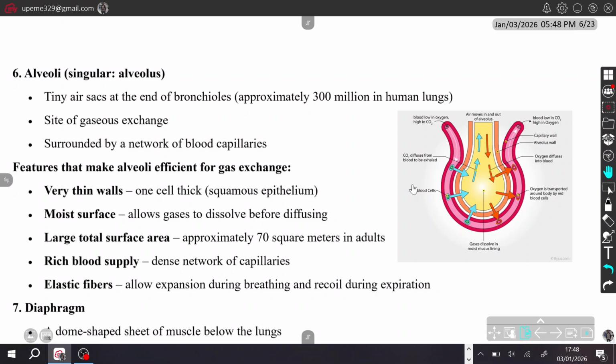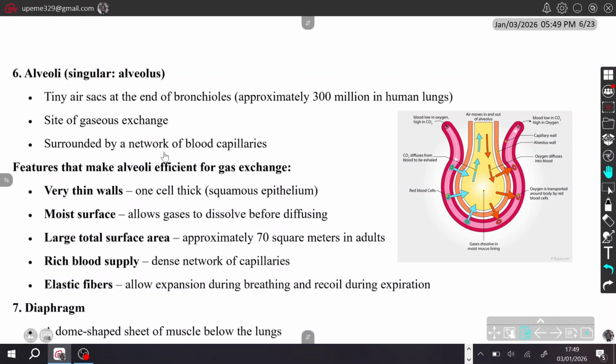There are many tiny, smaller air sacs at the end of bronchioles. So they are the site for gaseous exchange. At the end of each bronchiole you find the air sac, like a small balloon, the site for gaseous exchange.